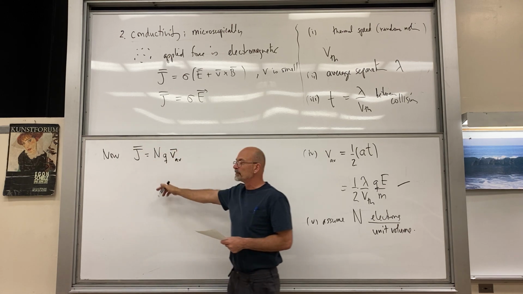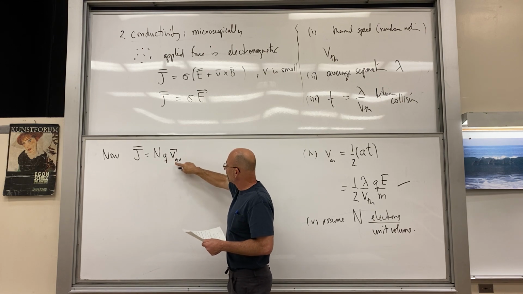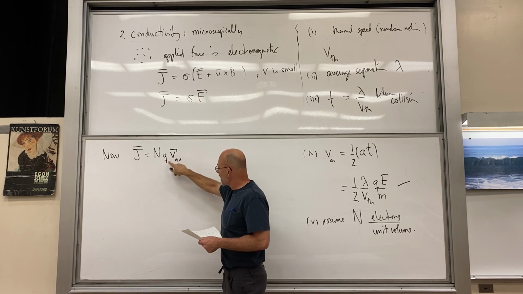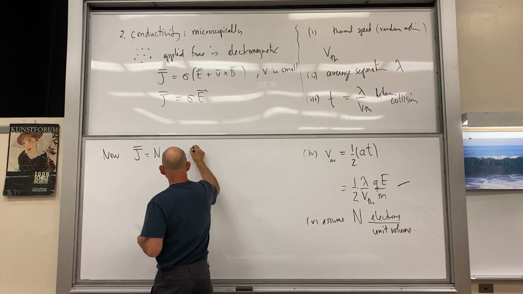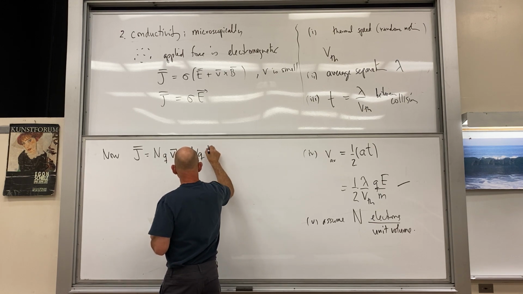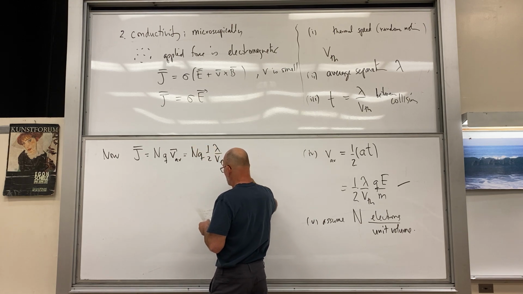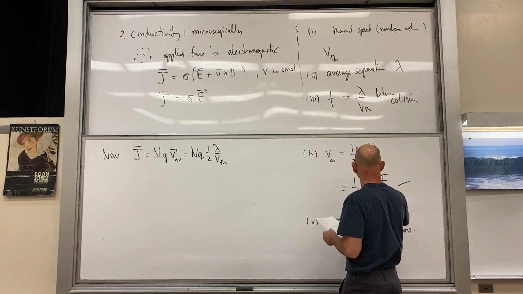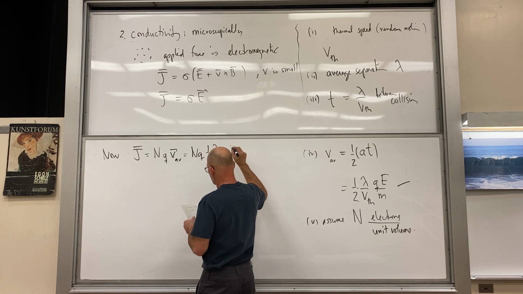Check the units on this, by the way. Number per volume, we've got charge, we've got length per time, so that's actually going to be dimensionally charge per time per area. So that's right. Keep going. We've got the nQ, we've got the 1/2, the lambda over V thermal, and we've got that F over m, which we already see as QE over m, so that's Q again, E over m.